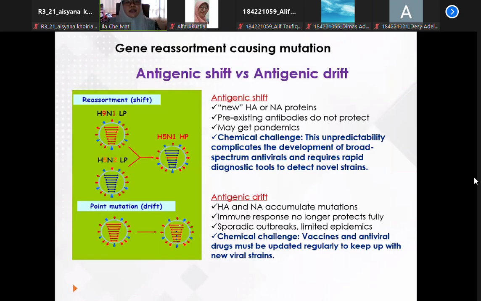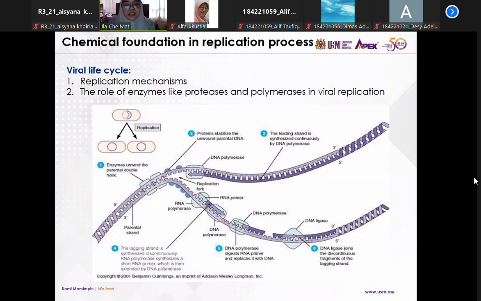Okay, so during this replication process, there's another step called proofreading. Proofreading is another checking process to make sure that the new cells being produced do not go through mutation, but somehow the proofreading activity is not very efficient.